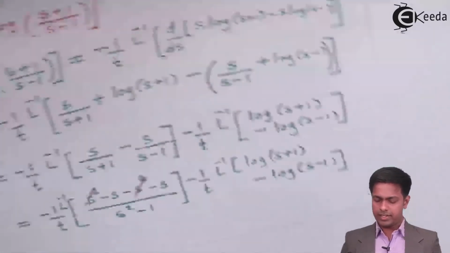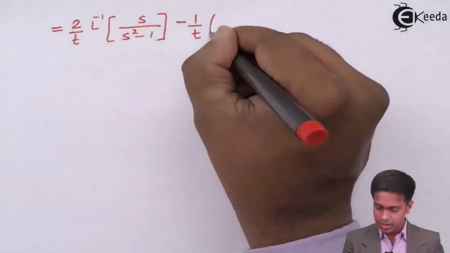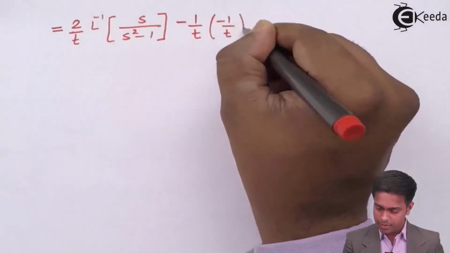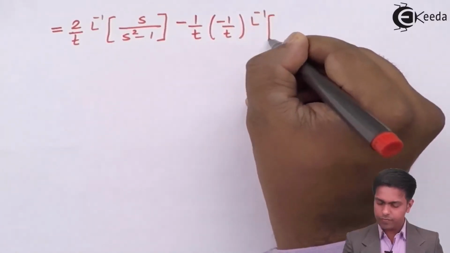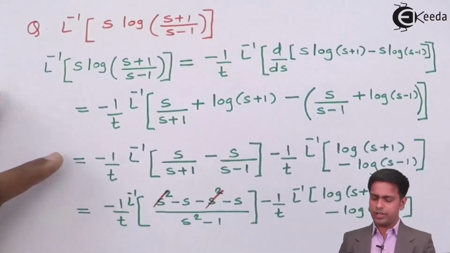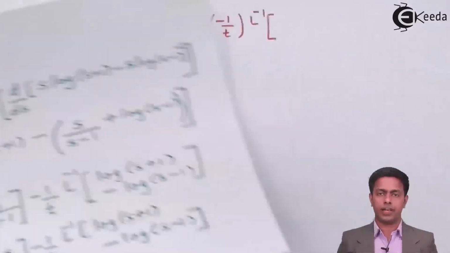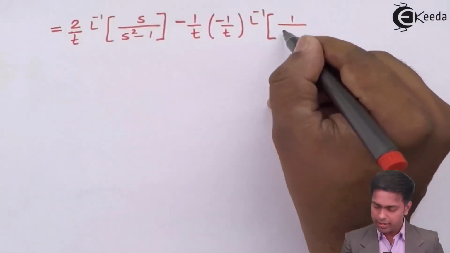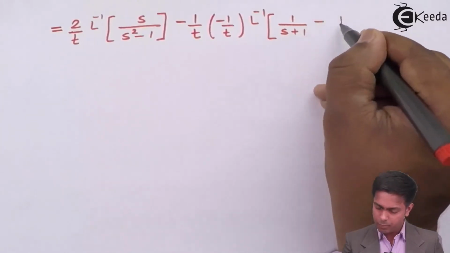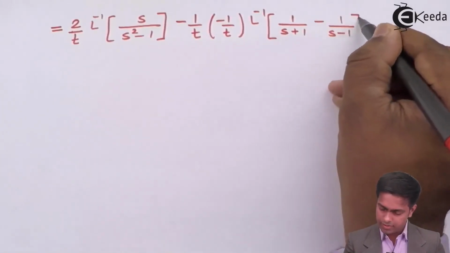So here I'll say it is again minus 1 by t Laplace inverse of the derivative of this. So I'll write the derivative of these two functions directly. So it is 1 upon s plus 1 minus 1 upon s minus 1.